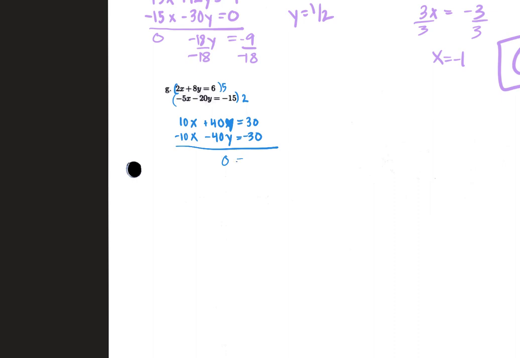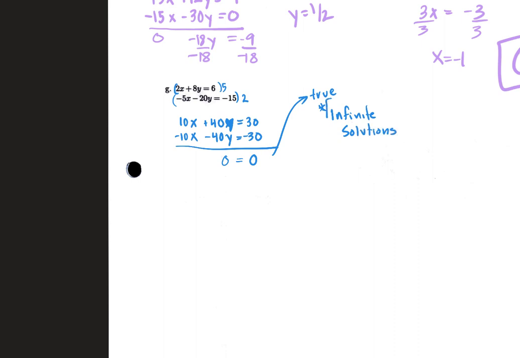Everything cancels out on the left side, and everything cancels out on the right side. So this is a true statement. And because this is a true statement, our solution is that we have infinite solutions.